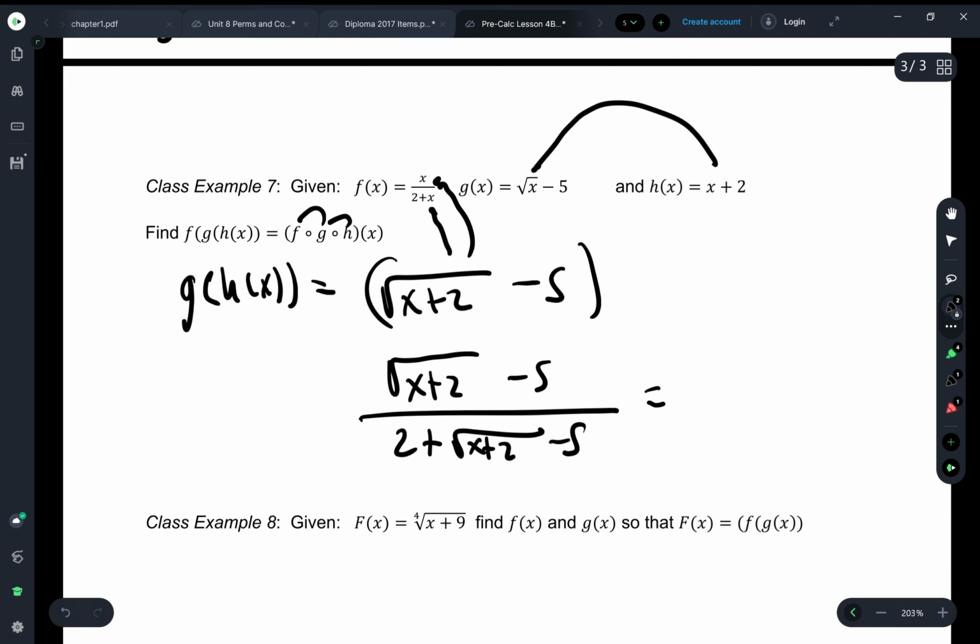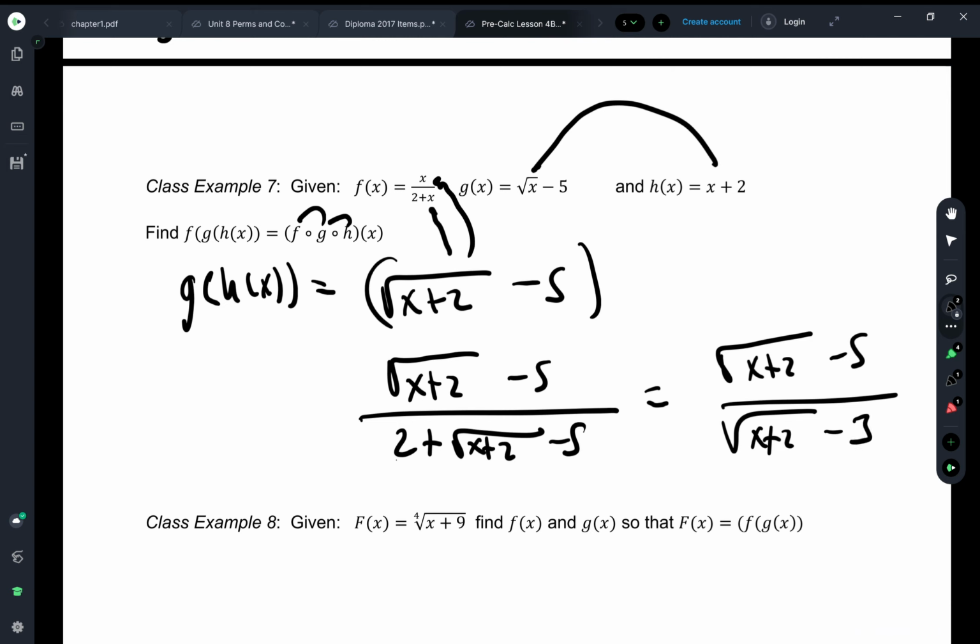Okay, so then we could go root x plus 2 minus 5, and then the bottom, the 2 minus 5 will make up minus 3. Pretty ugly, but that's where it's at.